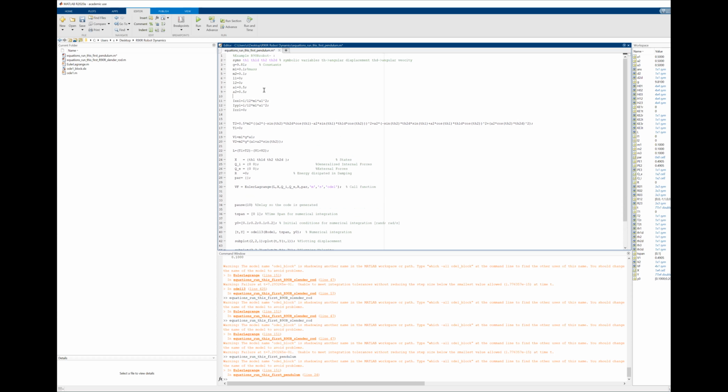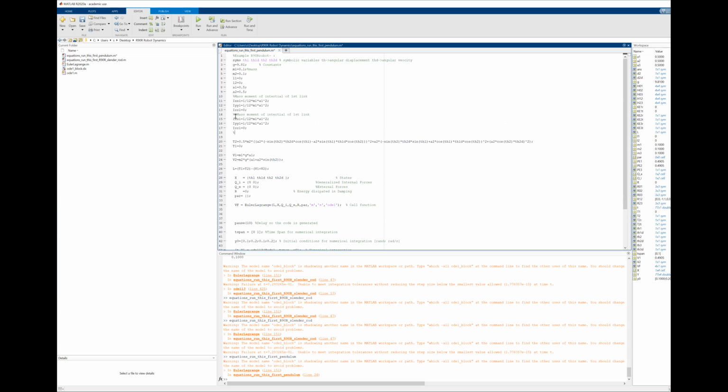So this is the mass moment of inertia of the first link. Now we have to find out the mass moment of inertia of the second link. So the mass moment of inertia of the second link, Ixx2 is 0.